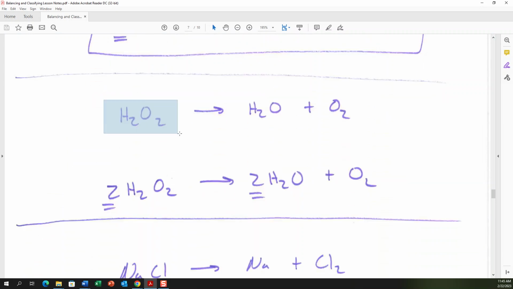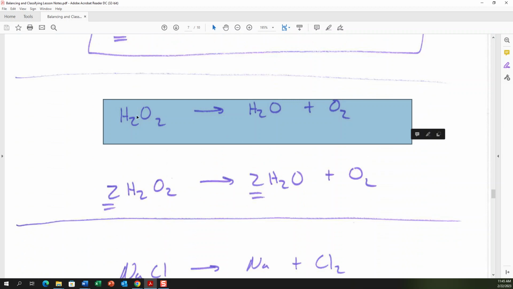All right, so here we got hydrogen peroxide yields water and oxygen. So 2 hydrogens, I'm not going to change anything yet. 2 oxygens, 3 oxygens. Oof, what am I going to do? Well, let's put a 2 there and make this 4 oxygens.